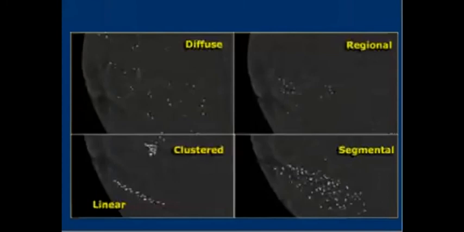Let's go and see how it looks. Yeah, we already mentioned this. So can be diffuse, regional, clustered, segmental, or linear. You remember we mentioned this before, that the calcification distribution, if it is linear or segmental, it will be most probably malignant.